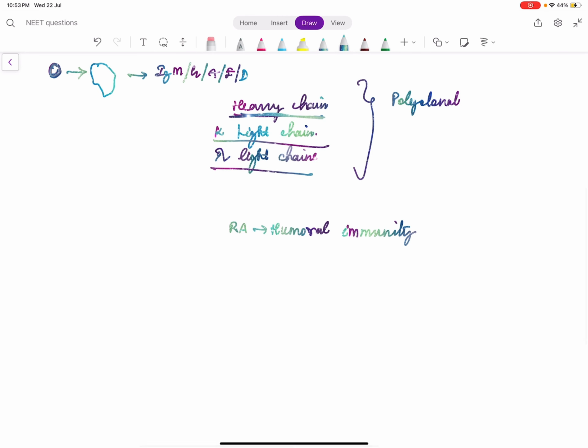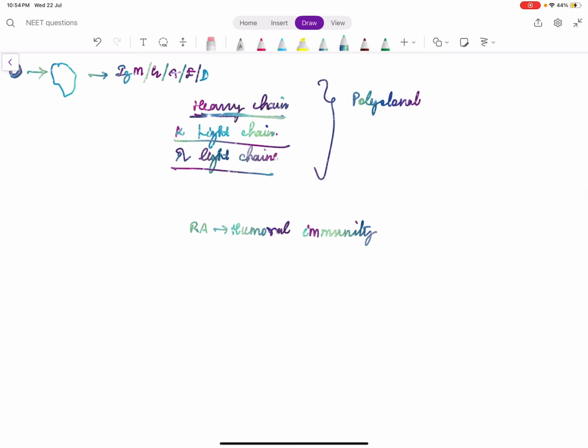So they produce more plasma cells and more immunoglobulins are produced. That excess production of immunoglobulin is actually polyclonal because different heavy chains, different light chains are produced. Both kappa and lambda light chains are produced. So even though there is increased immunoglobulin, it is a polyclonal excess of immunoglobulin. So polyclonal rise.